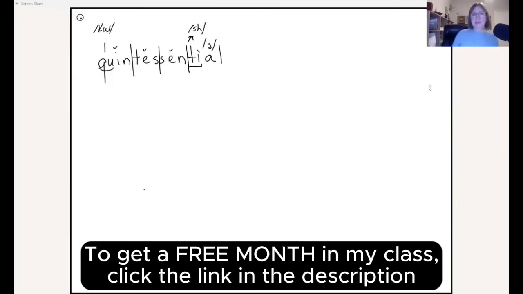Okay, so we are reading this word. Let's go syllable by syllable. So we have in, Quinn. That's my son's name. Then we have Tess. When you put those two syllables together, you have quintess. Quintess, right? So far so good?